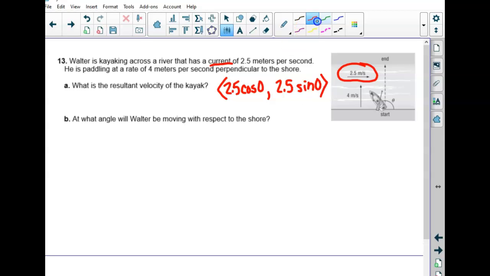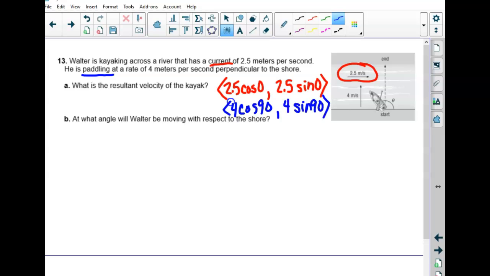Okay, that's the current. And I'll switch to blue for his paddling. He is paddling at a rate of 4 meters per second perpendicular to the shore. So he's trying to paddle straight across. So that angle would be just 90. So we're going to do 4 cosine of 90, 4 sine of 90.